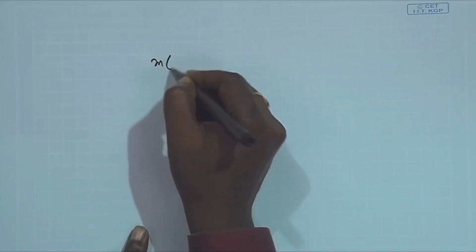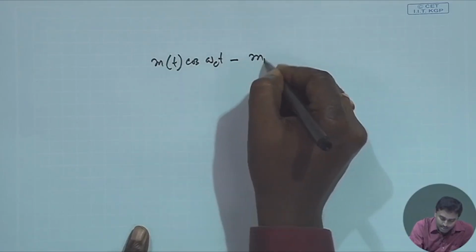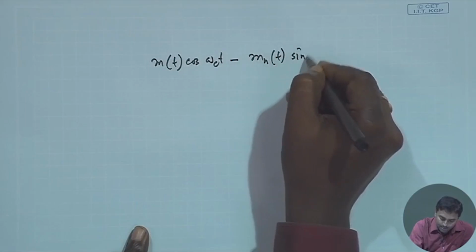Okay. So, we have already talked about single sideband modulation in the last class. We have already seen the frequency domain representation, and through the Hilbert transform we could finally get that the SSB signal, if it is upper sideband, looks like this: m(t) cos omega_c t minus m_h(t) sin omega_c t.